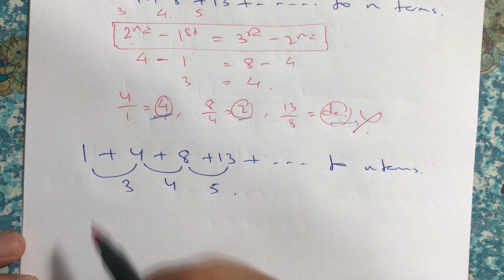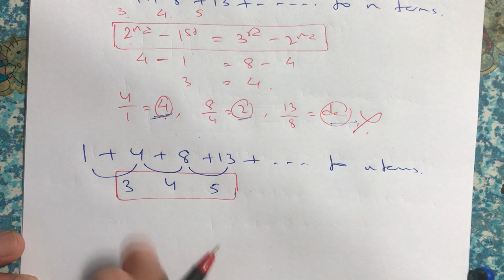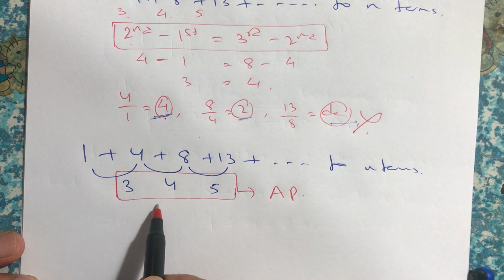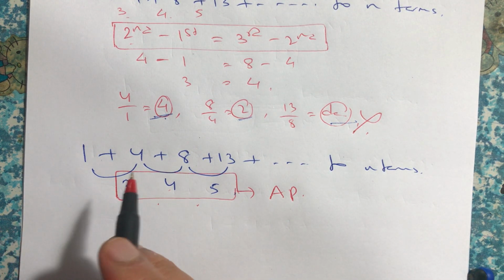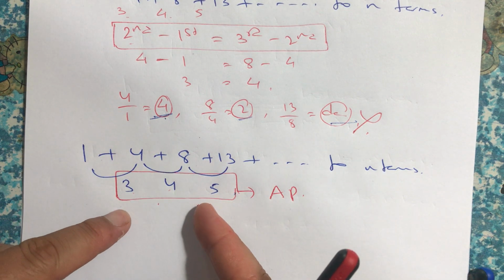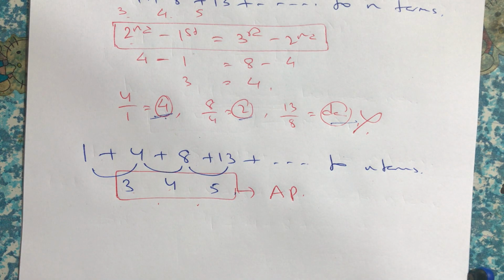If you watch the differences carefully, they are in AP, because 4 minus 3 is 1, and 5 minus 4 is also 1. So not the numbers, but the differences between the numbers in the series are in AP. This is what we will use to solve this question.